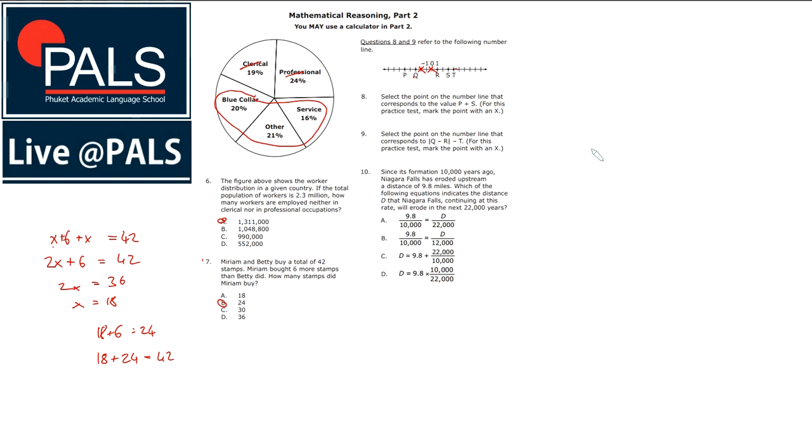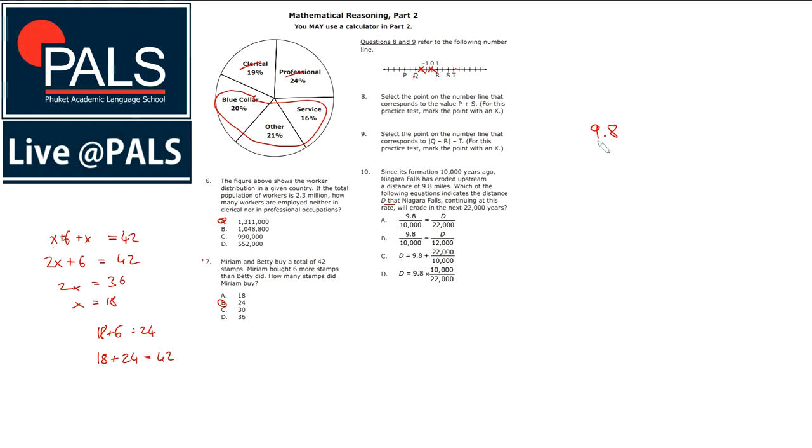So that means that in 10,000 years, the Niagara Falls have eroded 9.8 miles.